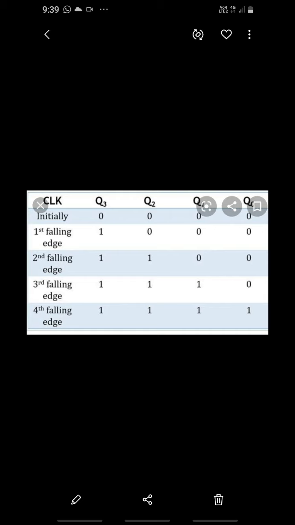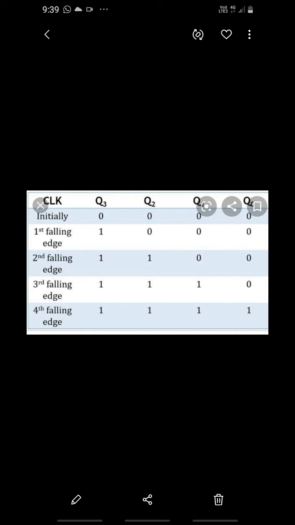So first, from MSB to LSB in a left shift register, let us take a table form and solve the problem.